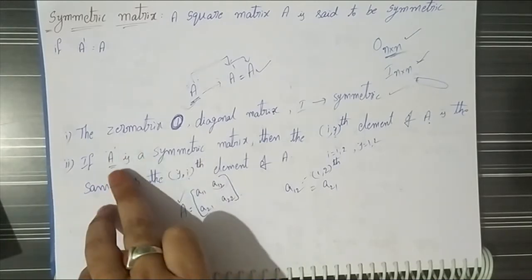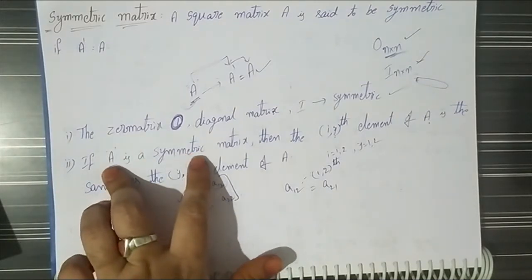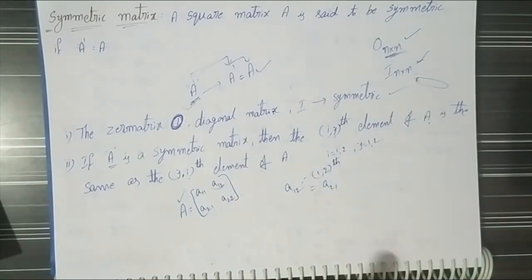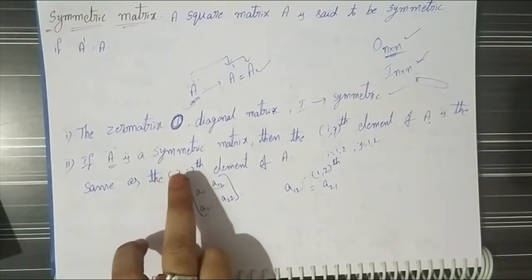Then if A is a symmetric matrix, the i comma jth element of A is the same as the j comma ith element of A.